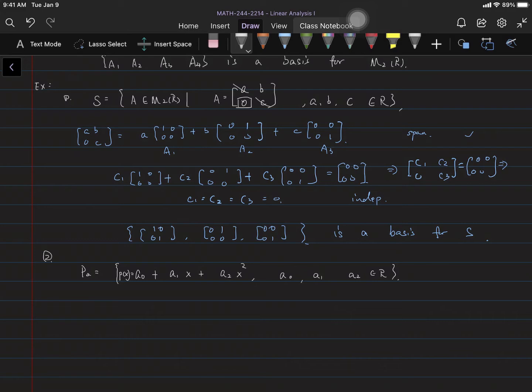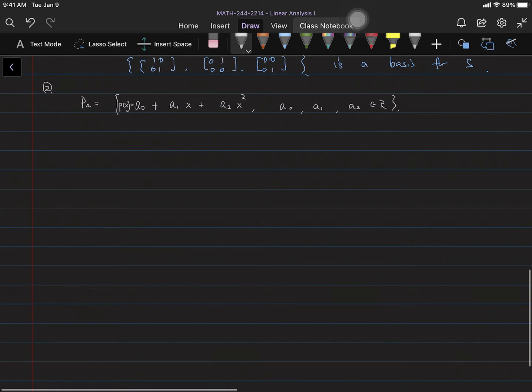Right, so this is set notation for P2, meaning all the polynomials. We did this before, spanning sets in 4.4. What spans P2? P2 is spanned by 1, x and x squared. Right, these span P2 because any quadratic polynomial can be expressed by a linear combination of those three functions.